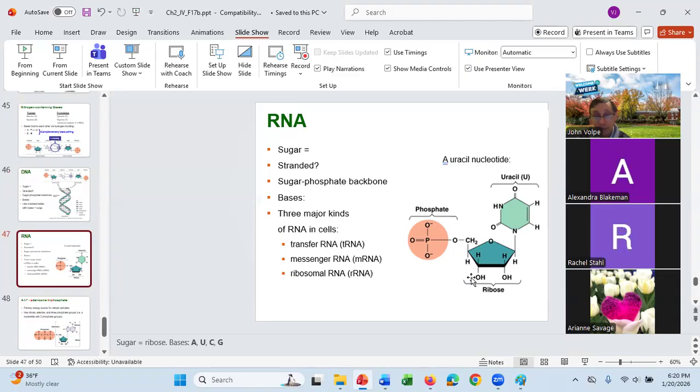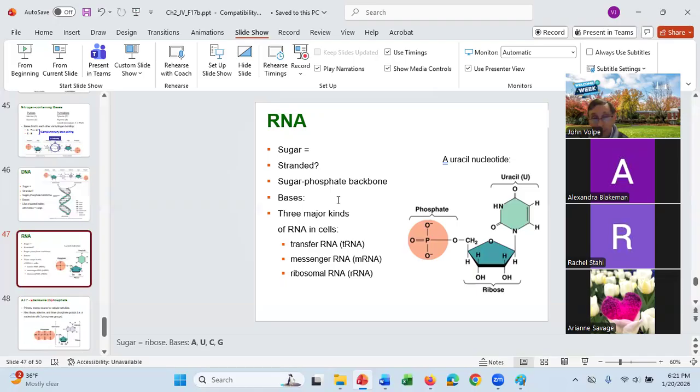It is held together by the sugar phosphate backbone, holding the single-stranded RNA molecule together, and that's a chemical covalent bond, a strong bond. There are different bases, or at least one different base from DNA, and that is uracil replaces thymine.